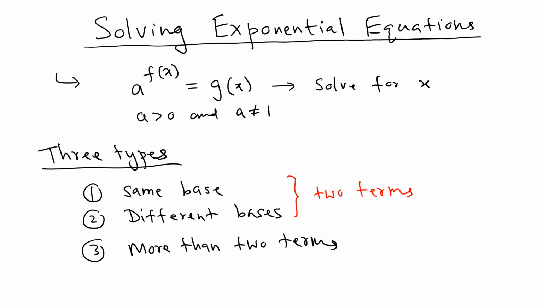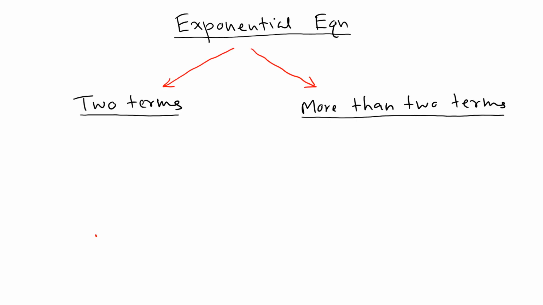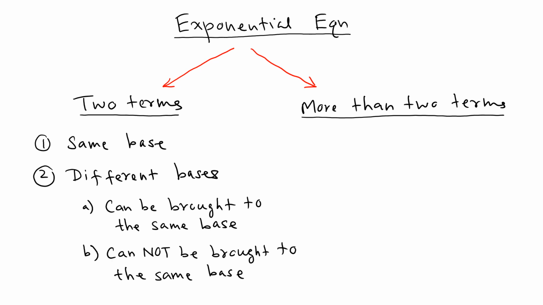You can also look at this in a different way. Exponential equations can be broken into two types: two terms or more than two terms. If there are two terms, the first one has the same base, and the second one has different bases. If you have different bases, you can bring that again into two types: the first can be brought to the same base, and the second cannot be brought to the same base.